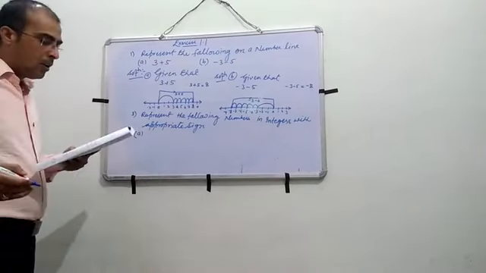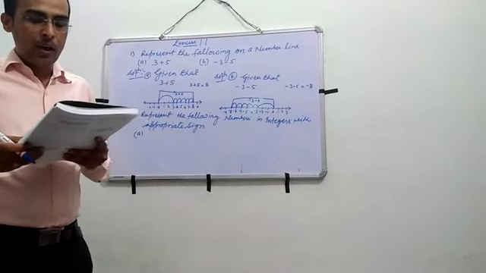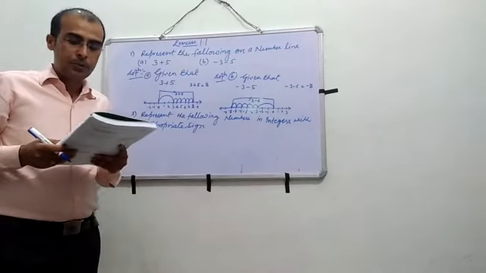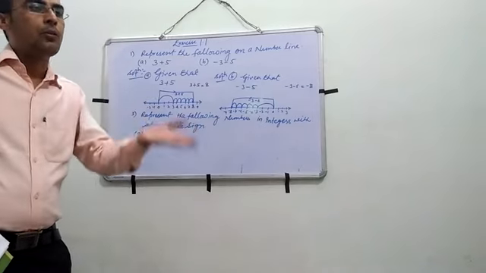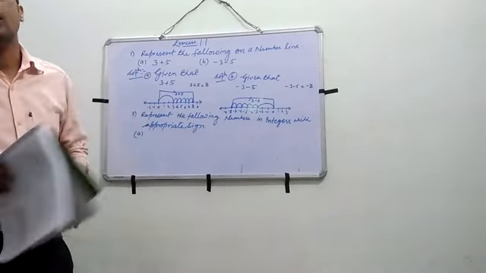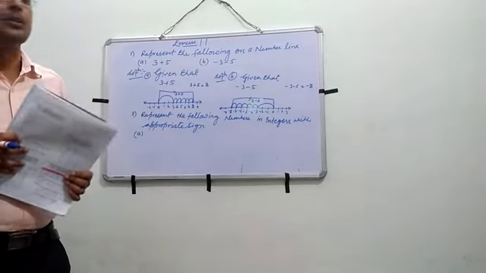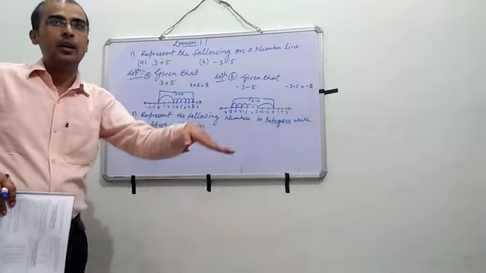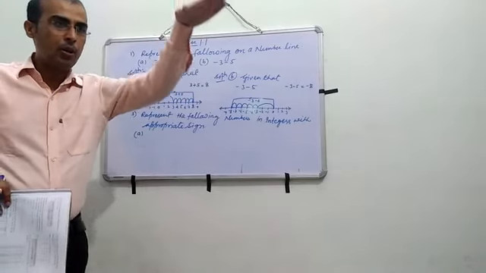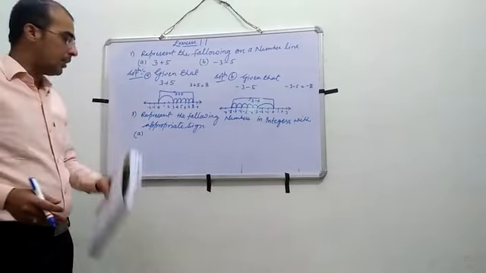A. An aeroplane flying at a height of 3000 meters above the ground. If anything is moving from downward to upward, then the sign is positive. It means this is the positive direction. If anybody is falling from a height, it means it is going from upward to downward, then the sign will be negative.